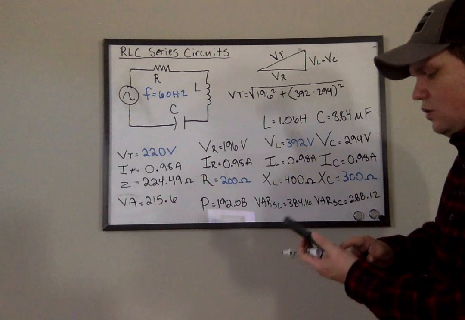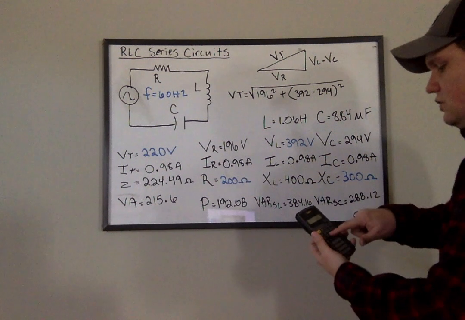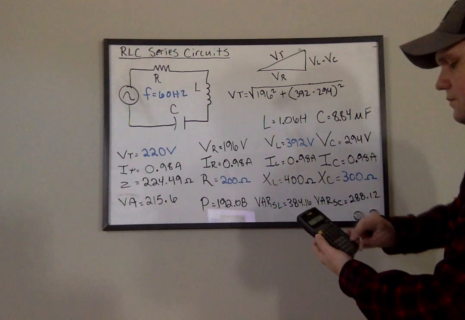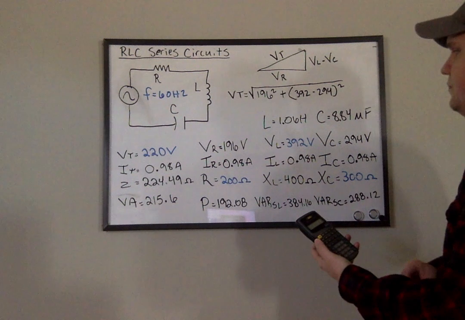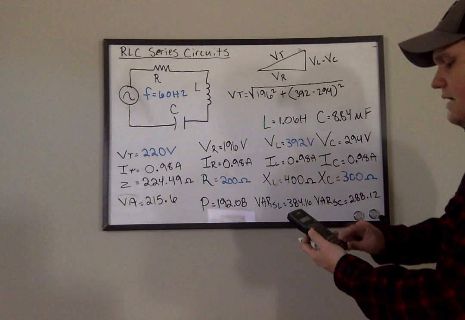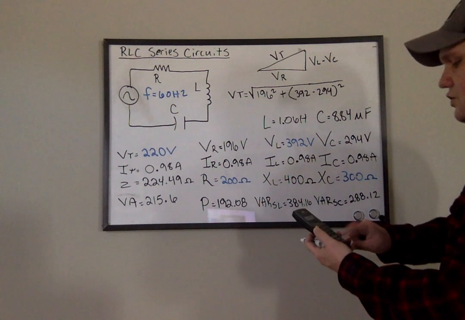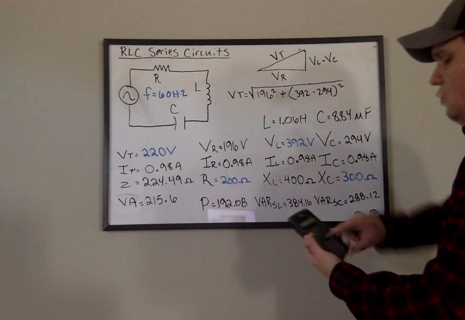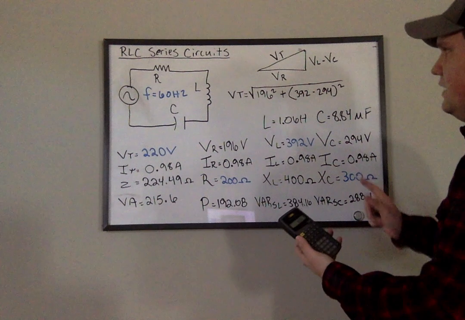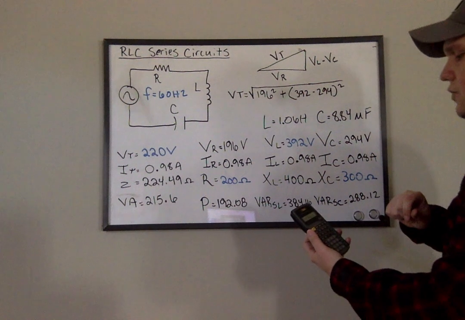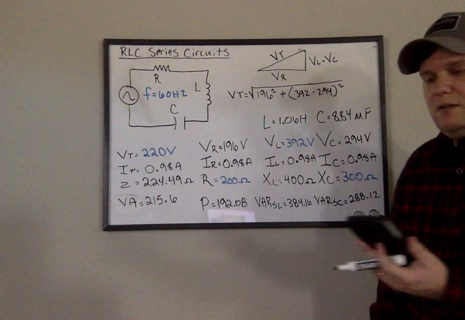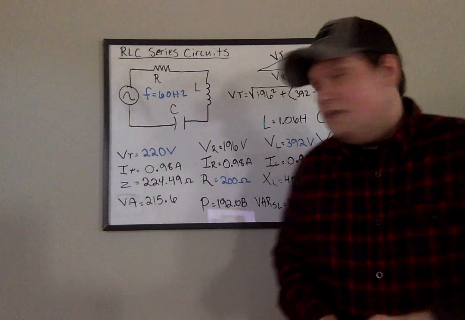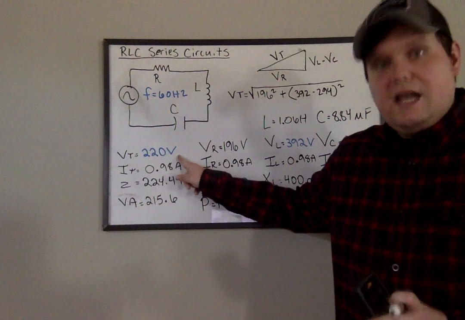So we're going to do 196 squared plus parentheses 392 minus 294 close parentheses squared, hit your equals button, and then square root it. And we end up with 219 and some change. So we just checked out.